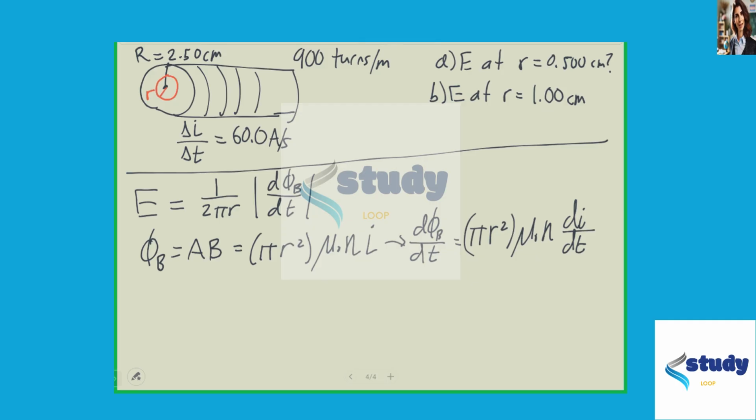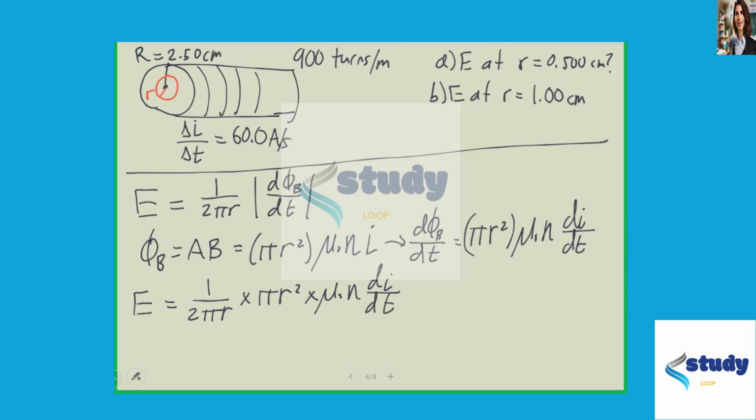So now we know all the variables, so we can substitute this back there for the rate of change of magnetic flux. So we're going to have E is, so there's going to be some cancellations, right? Let's just write it out. So it's 1 over 2 pi r times pi r squared times mu naught n dI/dt.